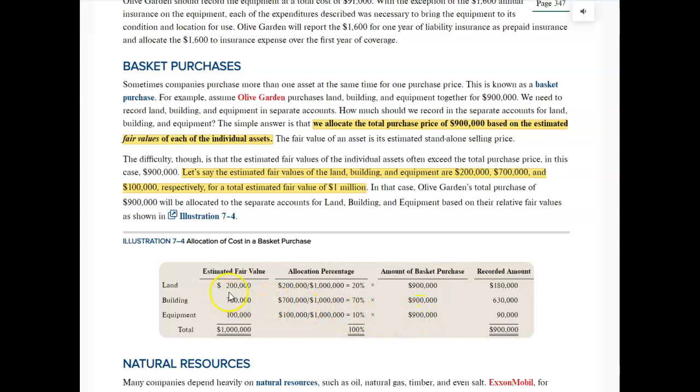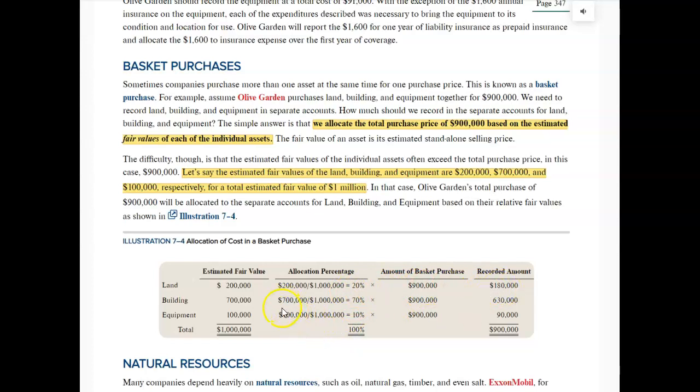So what you'll do is take the land, $200,000, over the total $1 million fair market value. So 20%, and this is 0.2, 20% of the price we paid is allocated to the land. Yes, the land's worth $200,000, an appraiser says, but based on what we paid for it and the percent of the total value of these three properties, only $180,000 is allocated to the land.